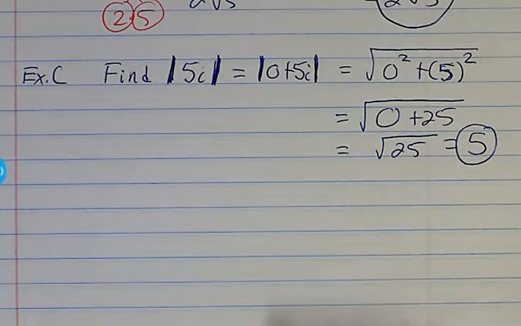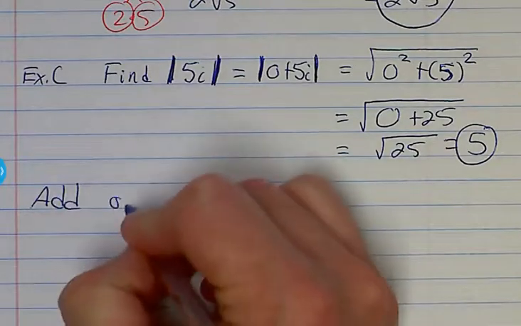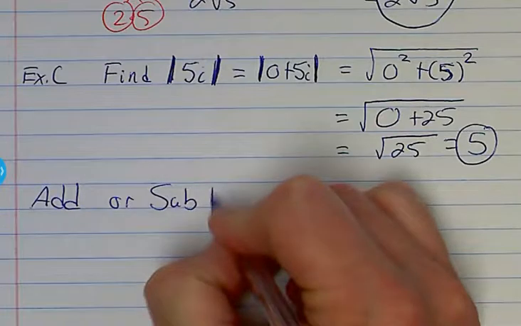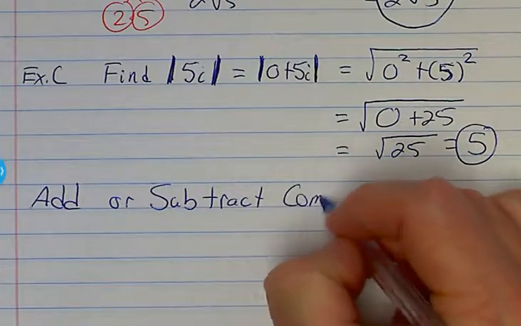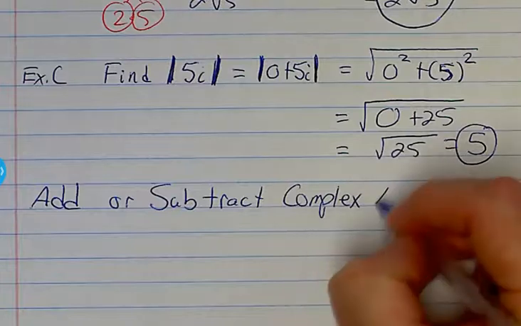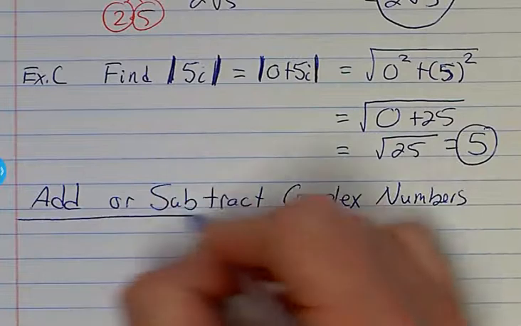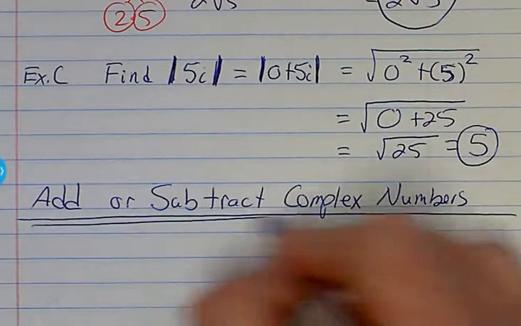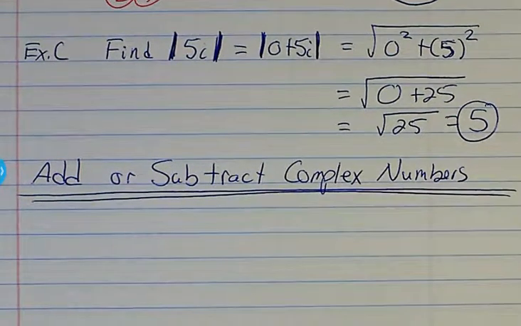Okay, and then the last two things. We're going to do addition and subtraction, and then the last thing we'll do would be multiplication. They're going to ask you to add or subtract complex numbers.